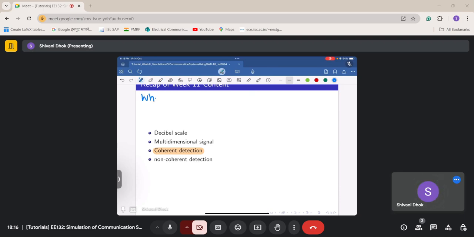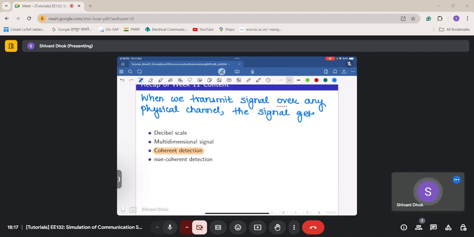So when we transmit a signal over any physical channel, the signal gets attenuated, or in other words, we'll write it in this fashion.